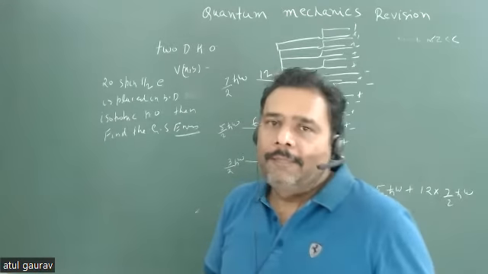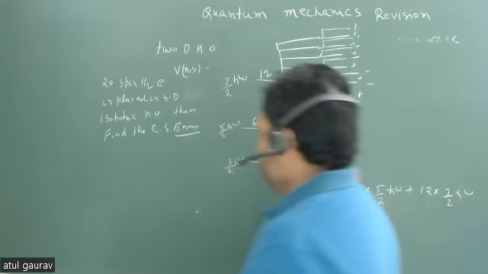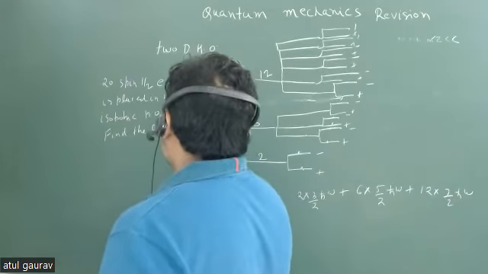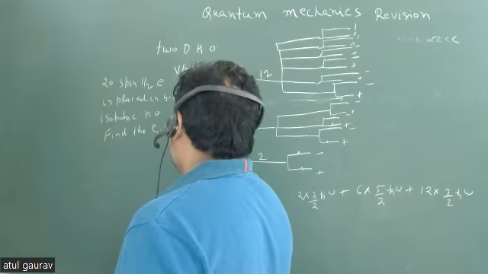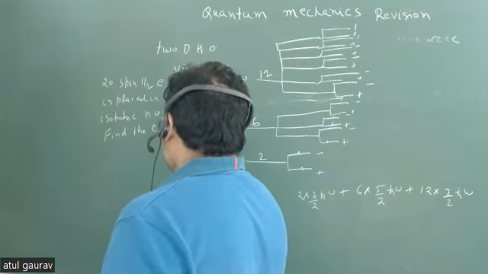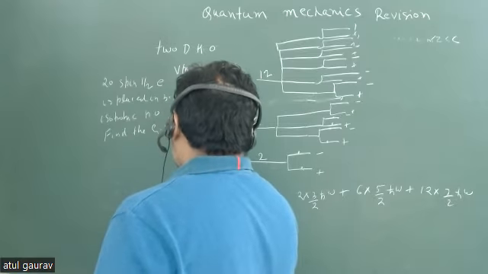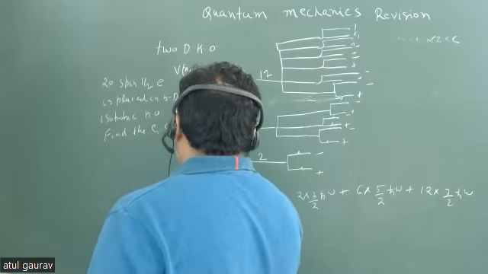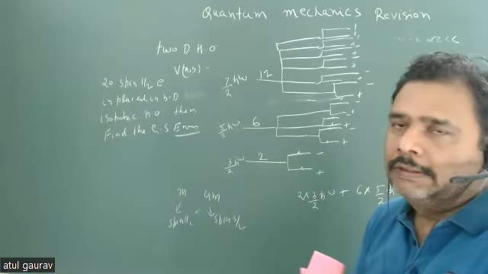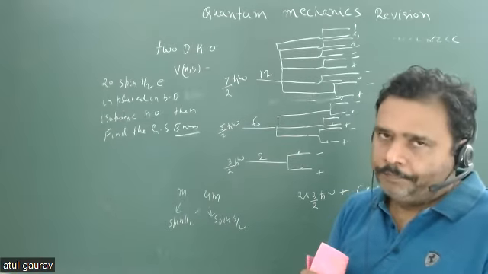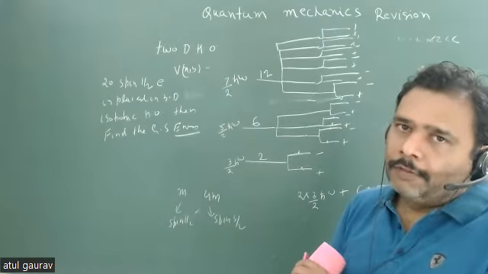Once a question came in the exam in which one particle had mass m, the other had mass 4m, and they are spin half particles, and let's say a spin 3/2. Then how will you go for this?